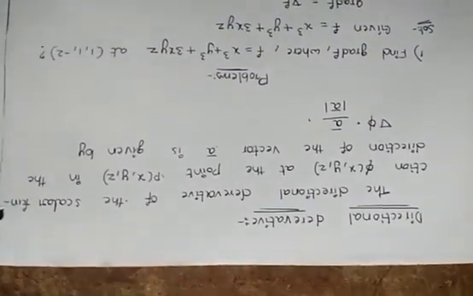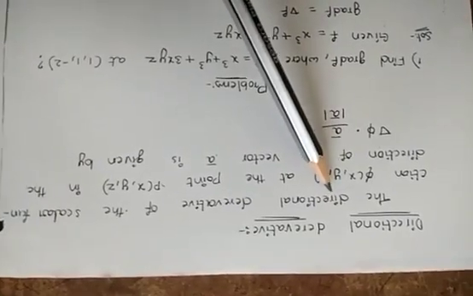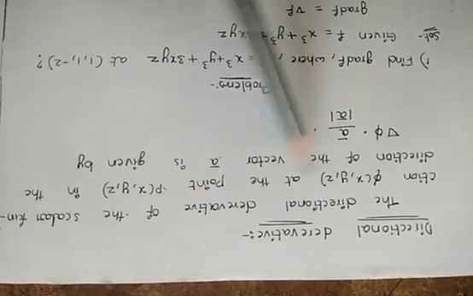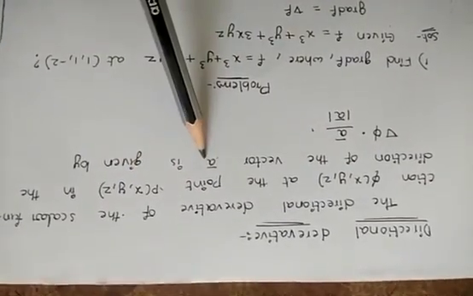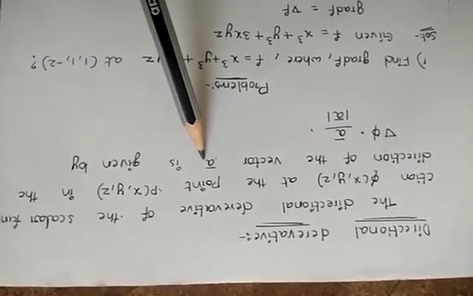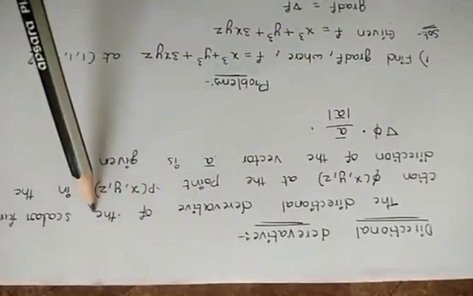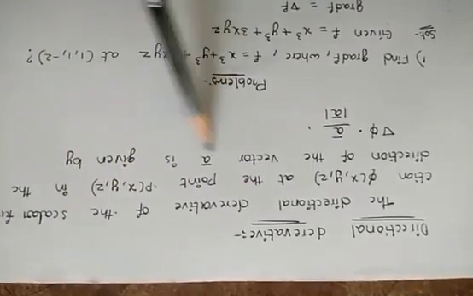Here we have the directional derivative formula, which is very important for 5 marks. The directional derivative of the scalar potential function phi at the point P in the direction of a bar. So the problem is given as: find the directional derivative of the scalar potential function at the point in the direction. What is the direction here? a bar.